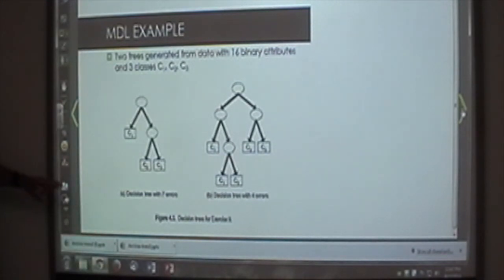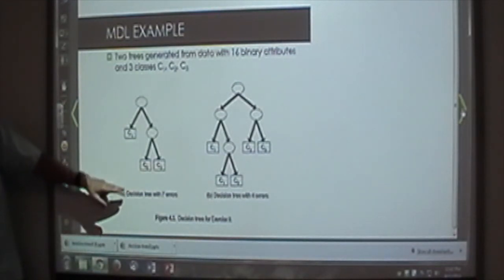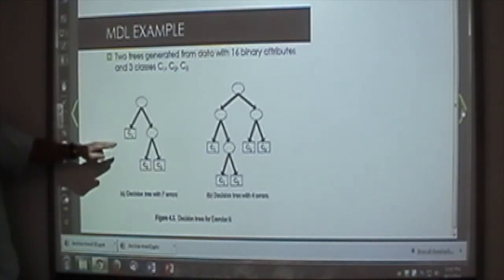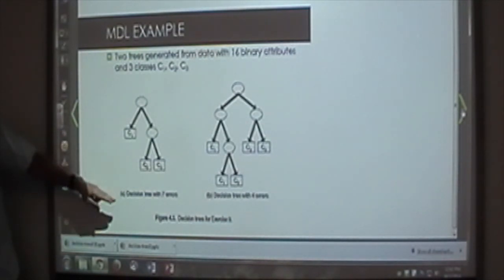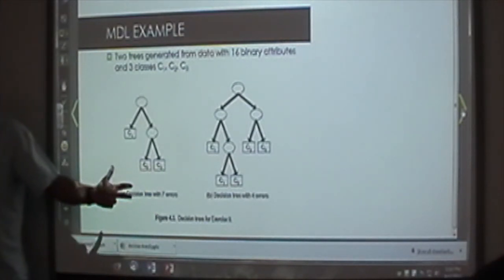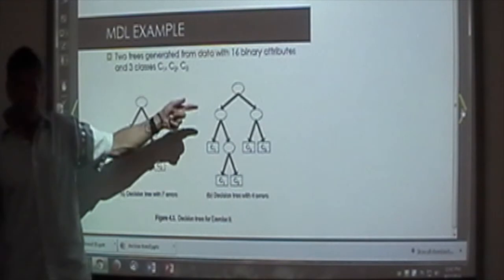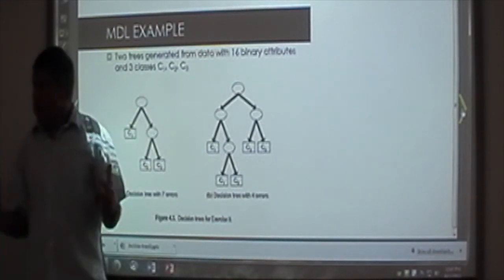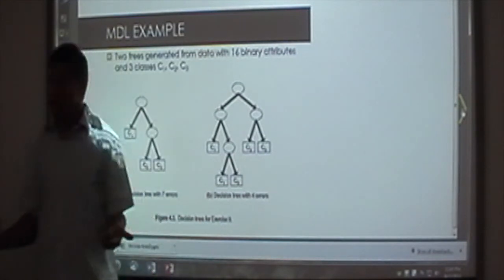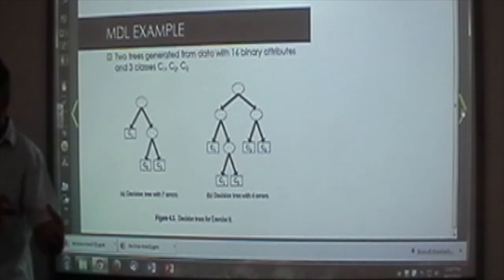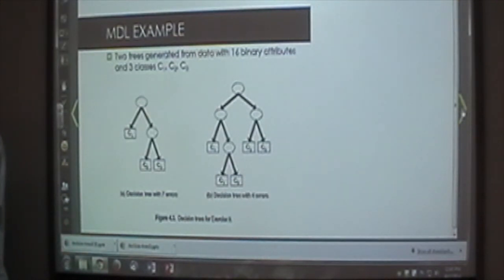But down at the bottom, the one on the left is simpler, so that's tree A, but it results in 7 errors. Okay? The more complex tree results in fewer errors. And the trick is this trade-off between complexity and the number of errors.